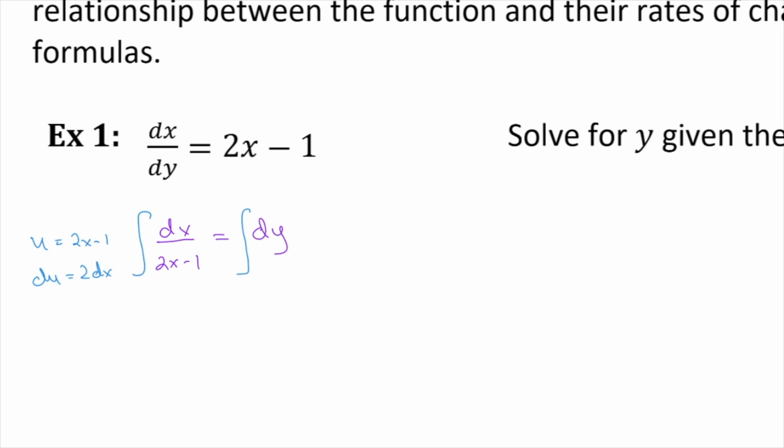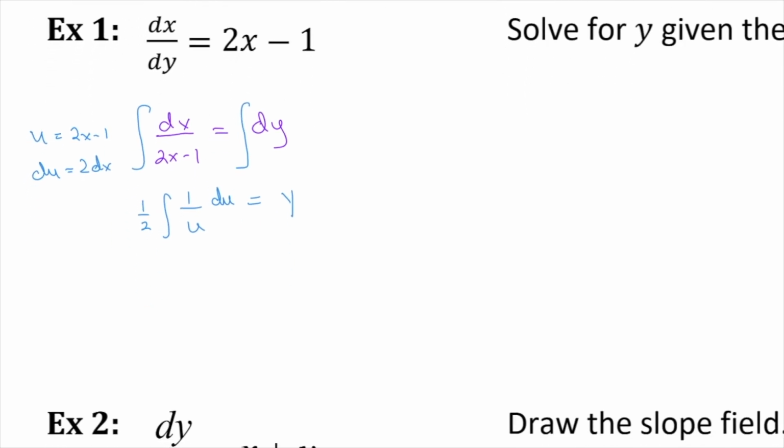So when we substitute in our dx, we're going to have a multiplier of 1/2 the antiderivative of 1 over u du. And on the right hand side, the antiderivative of dy is going to be y. And I could put the plus c over there, but I'm going to solve for the y, so I'm going to leave it on the left hand side.